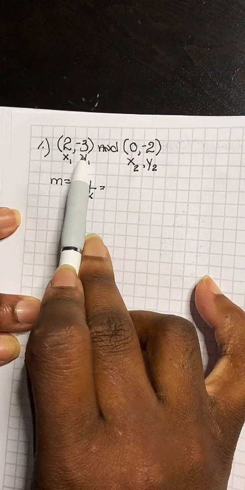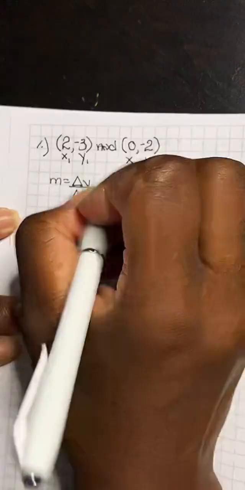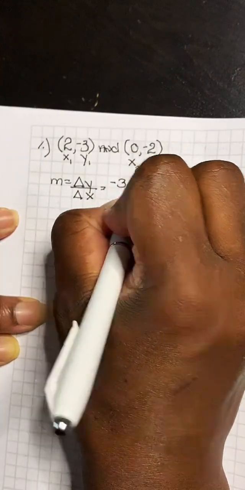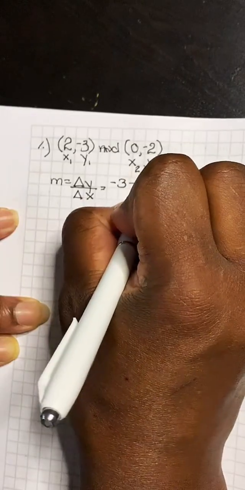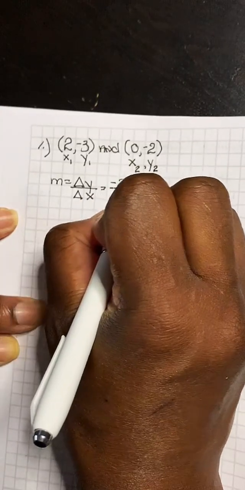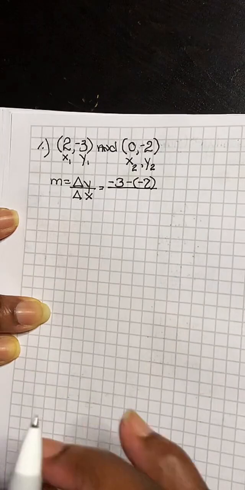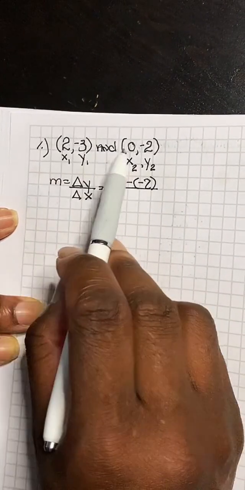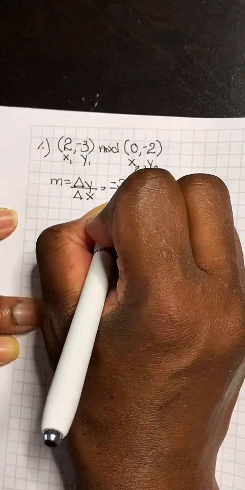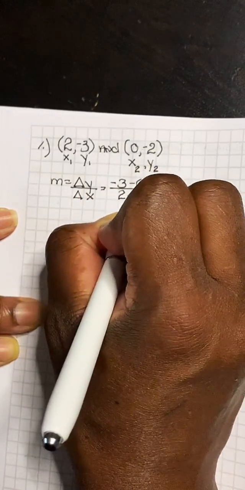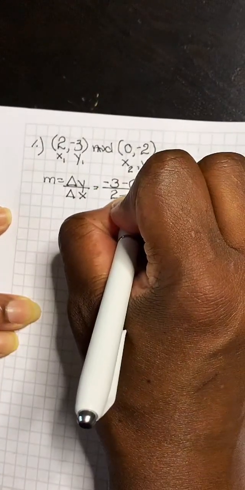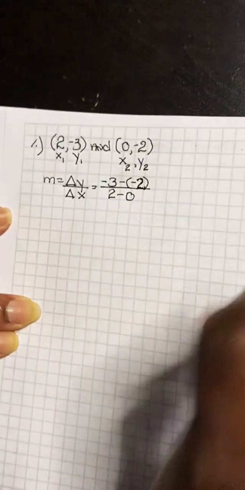So here we go. I like to go from y1 to y2 because it's just a natural flow. So that'll be -3 minus -2. If you still love to do it the other way, go ahead. You're going to get the same answer. So now you got your 2 minus 0. Let me straighten up my 2's a little bit.